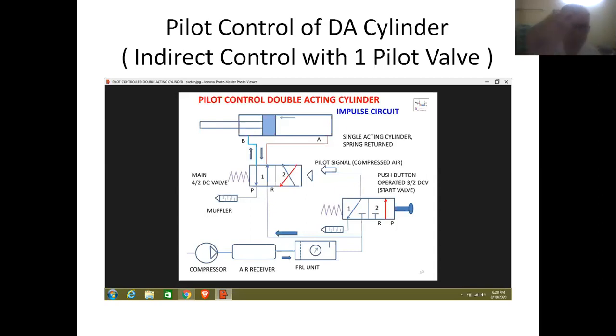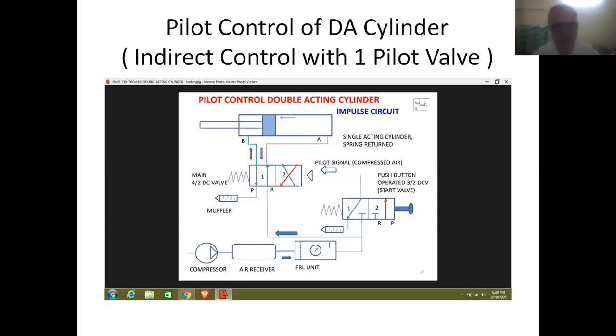Now, in this case, the forward stroke of the piston will be used for performing the return stroke of the tool, and the backward stroke of the piston, the reverse stroke of the piston, will be used for performing the forward stroke of the machine. So friends, this is the only difference between these 2 cylinders.